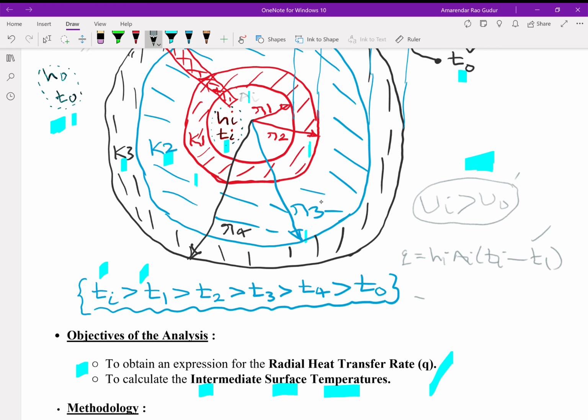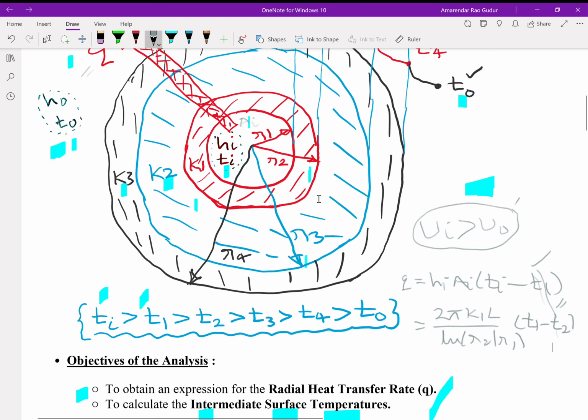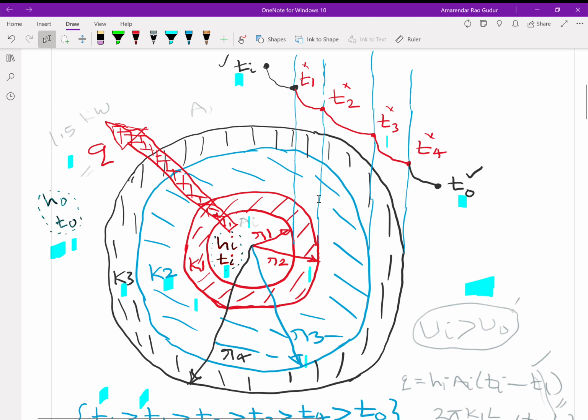And this Q is also equal to 2 pi K1 L upon natural logarithm of R2 by R1, times T1 minus T2, that is conduction through first layer. This is going to give us T2. So write the expression for convection, conduction, conduction, conduction, and so on to obtain the unknown surface temperatures, which are otherwise unknown to us.